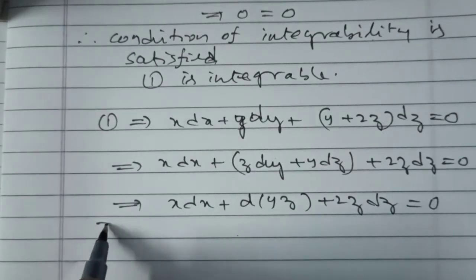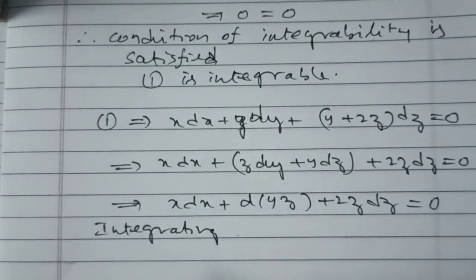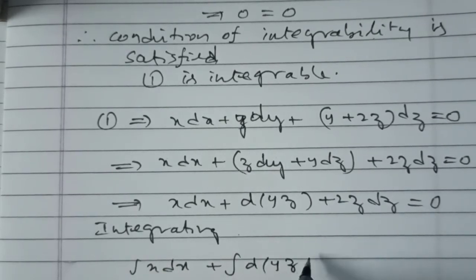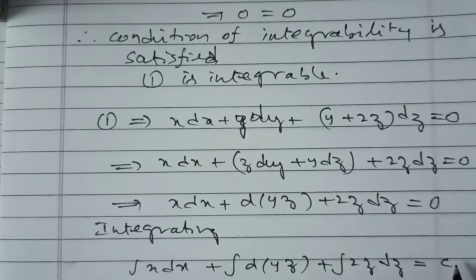So integrating, integral x dx plus integral d of yz plus integral 2z dz is equal to some constant c1.